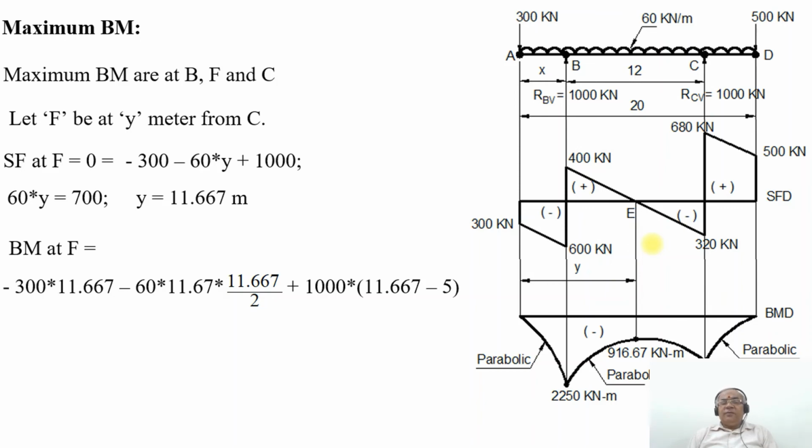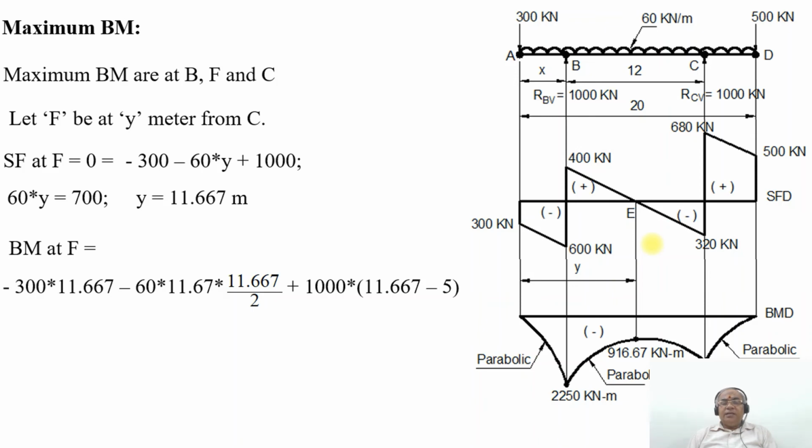Substituting Y as 11.667: minus 300 into 11.667, minus 60 into 11.667 into 11.667 by 2, plus 1000 into 11.667 minus 5.